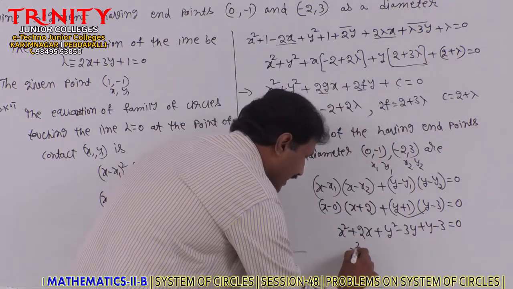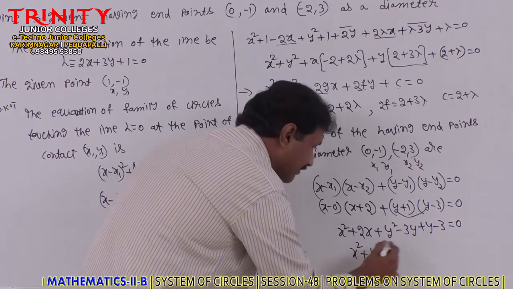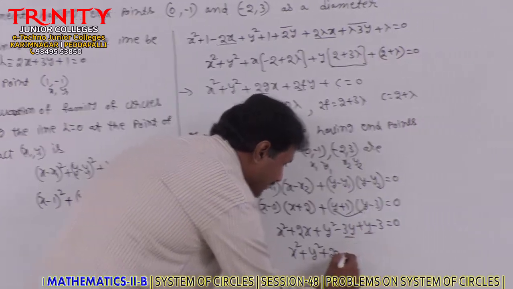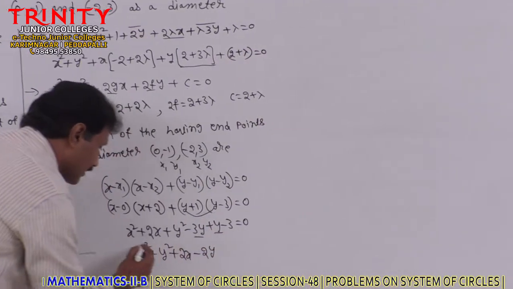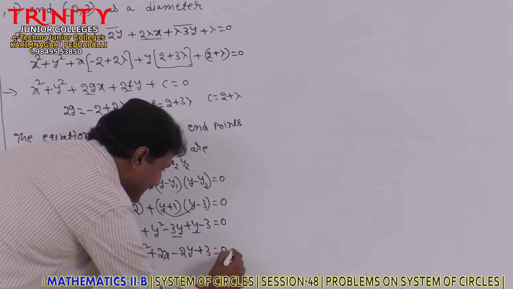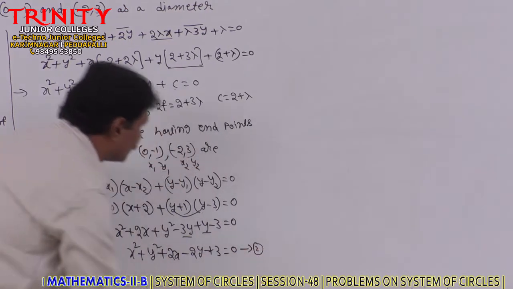This is of the form x squared plus y squared plus 2x minus 2y minus 3 equal to 0. This is equation number 2.